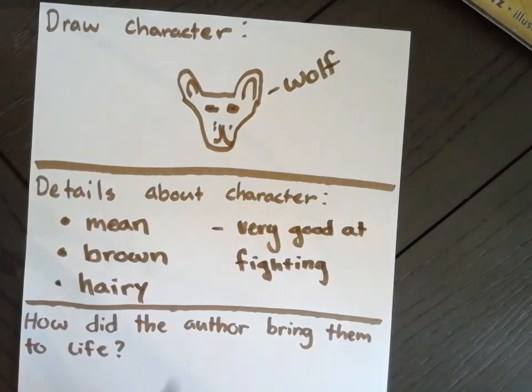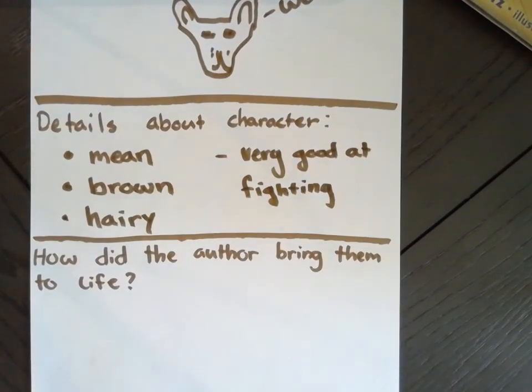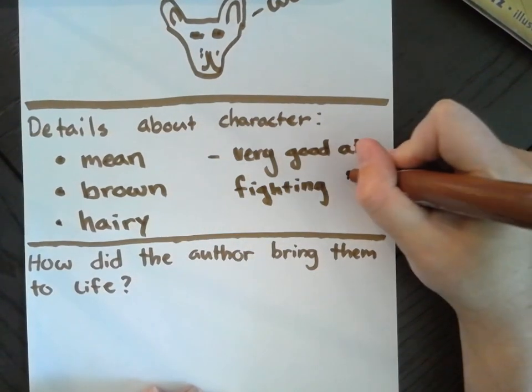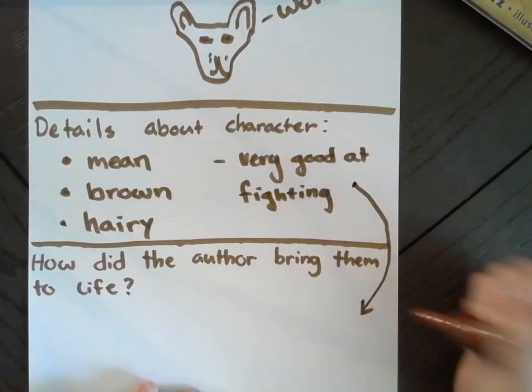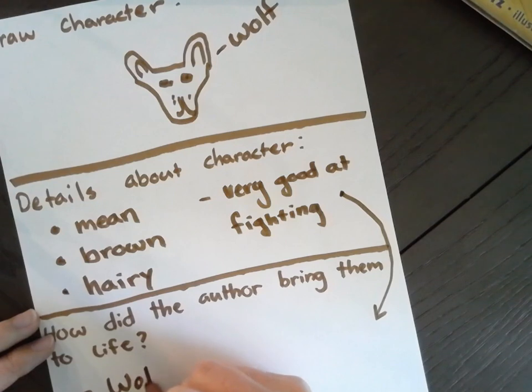So after I make my list of different details about him, then I go to that main question at the bottom. How did my author bring them to life? And one of the ways that the author brings the wolf alive has to do with this detail up here, that he's very good at fighting. So I'm going to draw an arrow down here. He has the wolf move a lot.